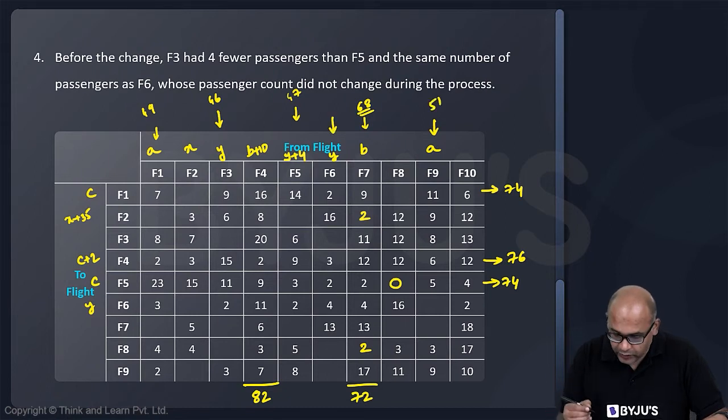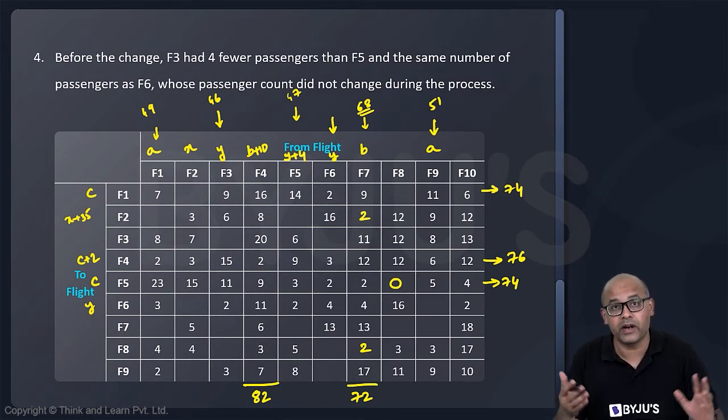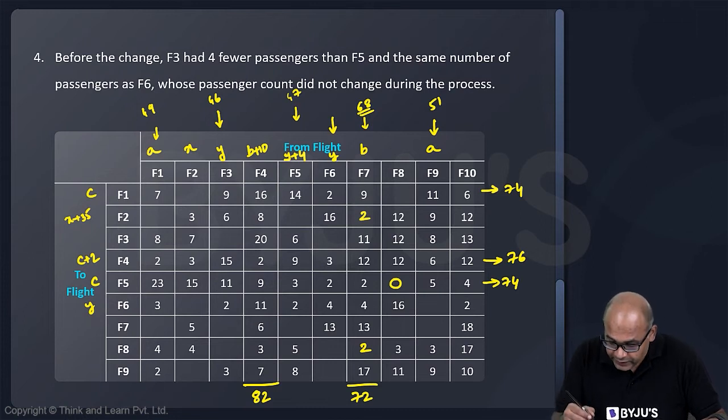This will be a total of how much? F6 also I'm adding, because if you notice F3, F5 and F6 are all related. Y plus 4 and Y. So let me add F6. F6 will be 16 plus 2 is 18, 18 plus 3, 21, 21 plus 2, 23, 23 plus 4, 27, 30, 40. So this is 40.